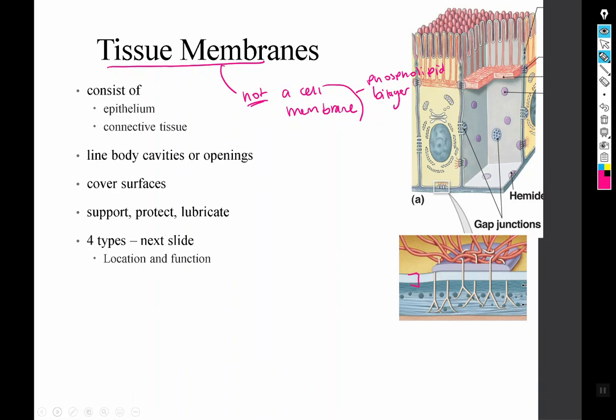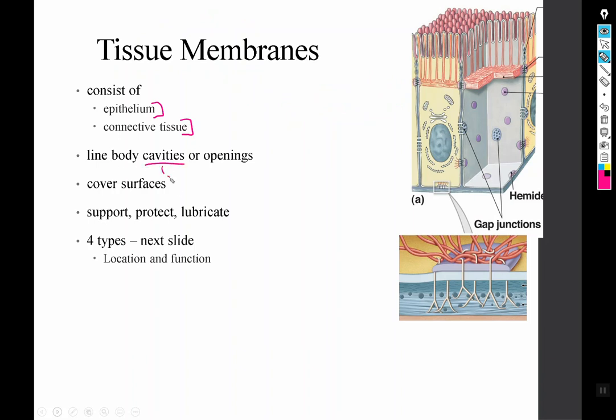Tissue membranes are multicellular. And they're basically large sheets that wrap or cover or line something. So what they consist of is some kind of epithelium and then a connective tissue that's underneath. So they can line body cavities, for example, peritoneal cavity, or openings like oral opening.